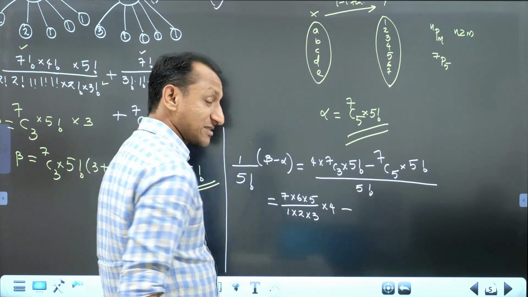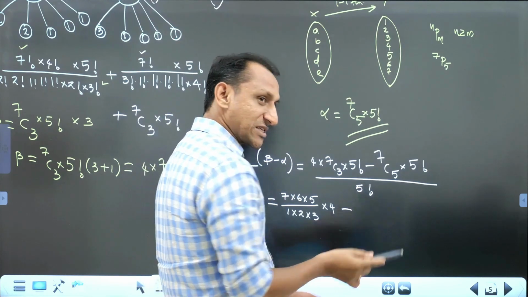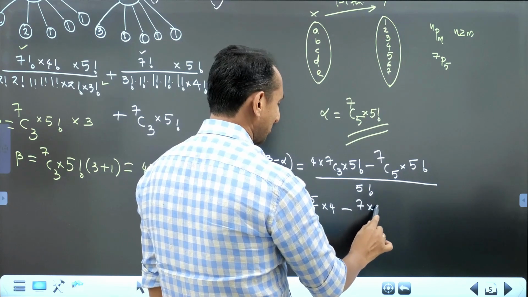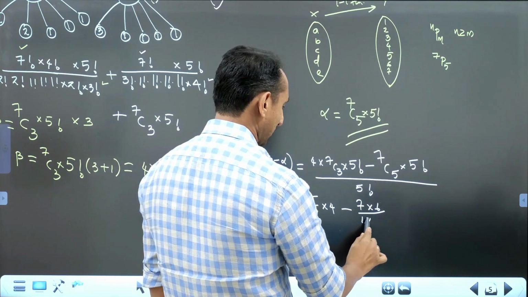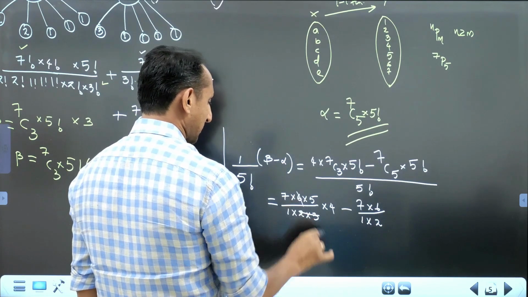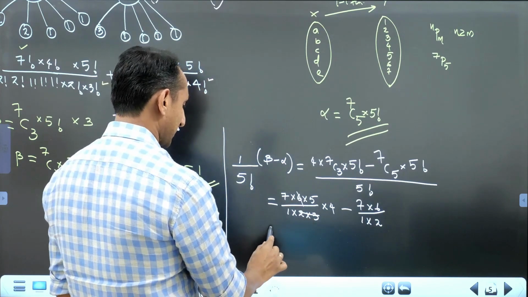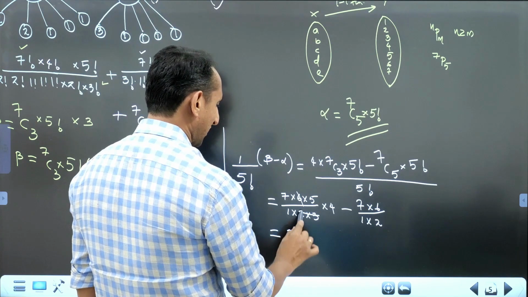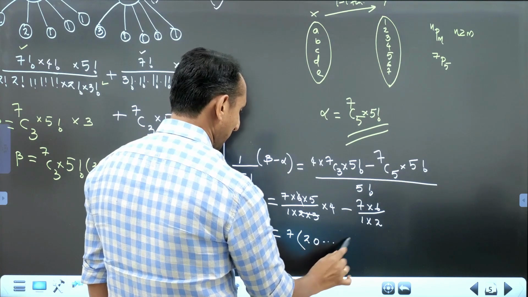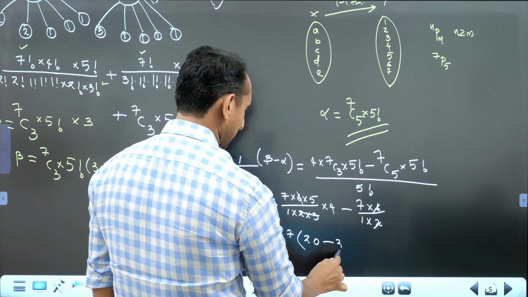Minus, what is 7C5? 7C5 is written as 7C2, 7 into 6 by 1 into 2. 6 is cancelled. 7 is taken common. 5 into 4, 20 minus 3.